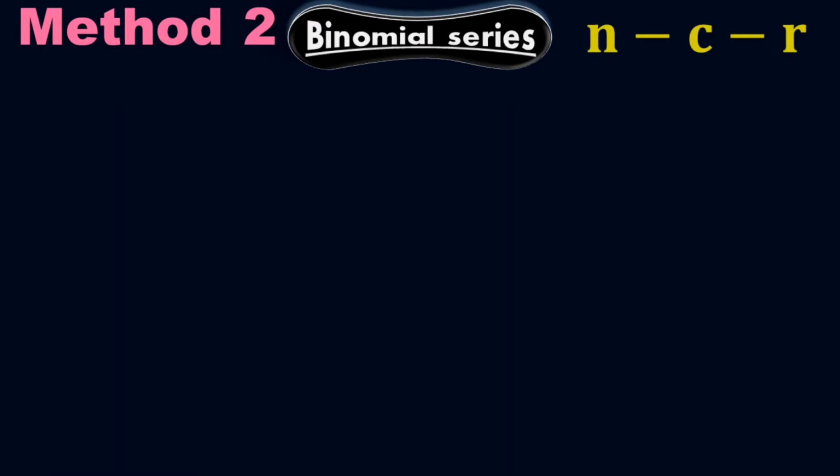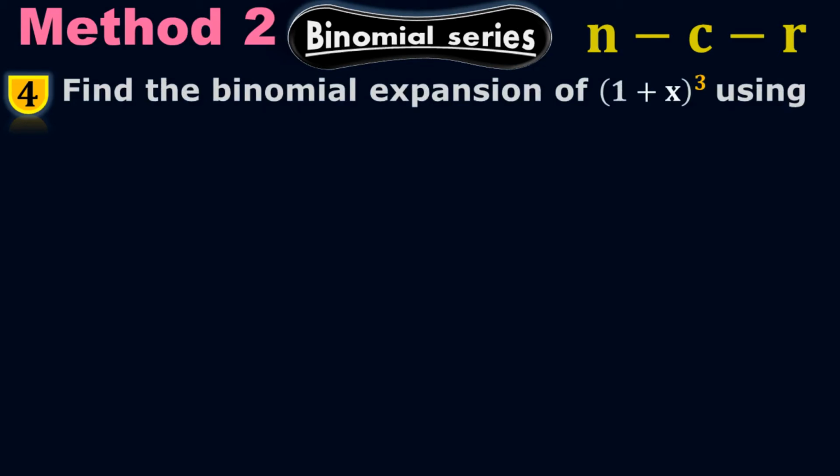So let's go solve some problems now using the NCR method. We're going to start with problem number 4, because we have covered the first 3 problems for method 1. Now we're going to start from the 4th problem, which is for method 2, the NCR method. The question asks: find the binomial expansion of (1 plus x) to the whole cubed using the NCR method.